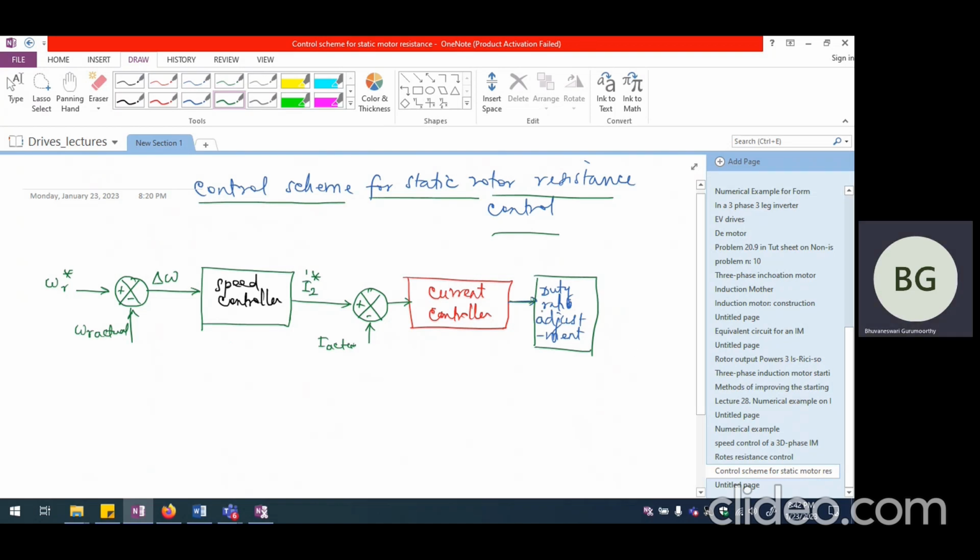Now, let us try to draw the rest of the scheme of the induction motor. So let us say this is the induction motor here. And to this, the three-phase supply is given here. So this is the three-phase supply. And here is the rotor circuit. And we are going to have the three-phase winding in the rotor circuit.